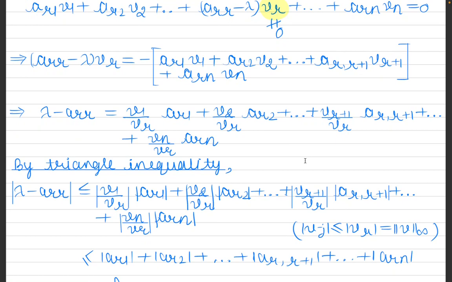Now, you can use the triangle inequality, and what will it give you? So you have mod here, then it will be less than equal to mod of this times mod of this, right?